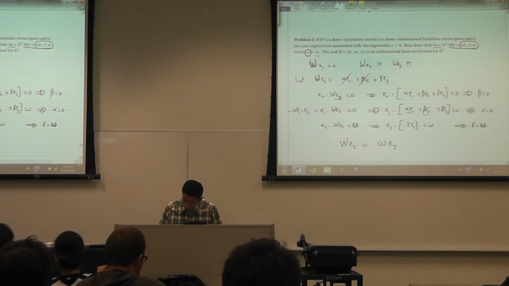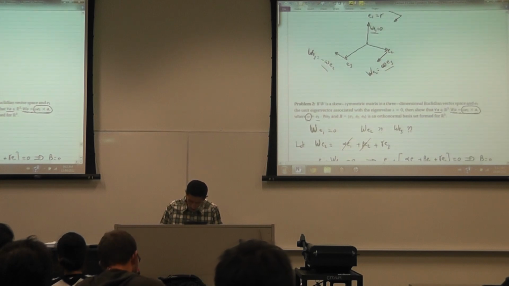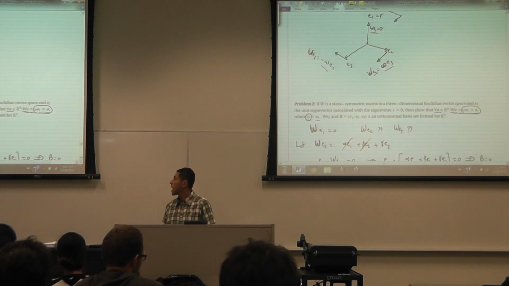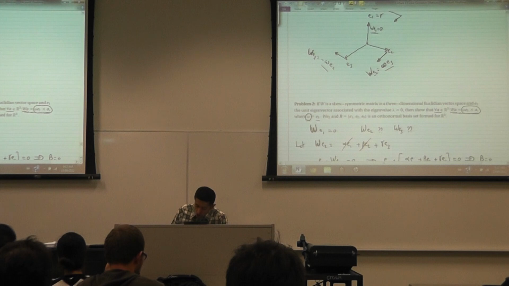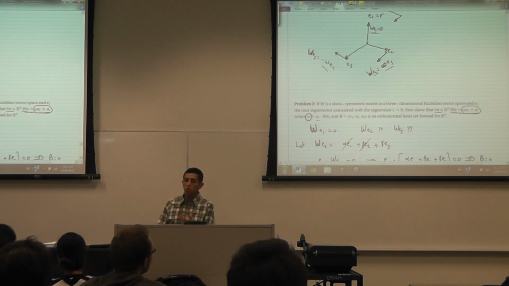So I've shown you now that when I take that W and multiply it by E2, I get a vector equal to omega E3. And you can show exactly with the same procedure that when I take W multiplied by E3, I'm going to get a negative omega multiplied by E2. Which basically shows that the object is rotating.